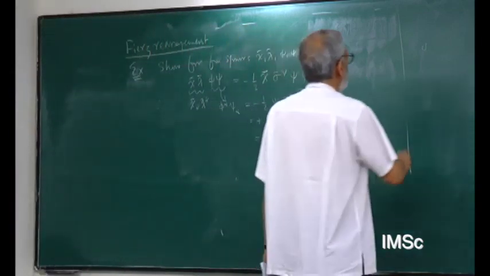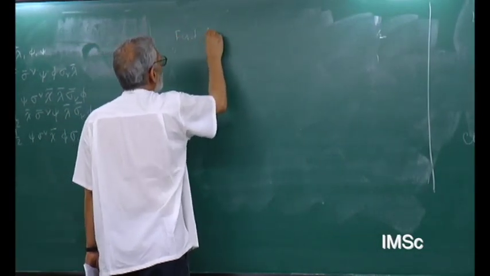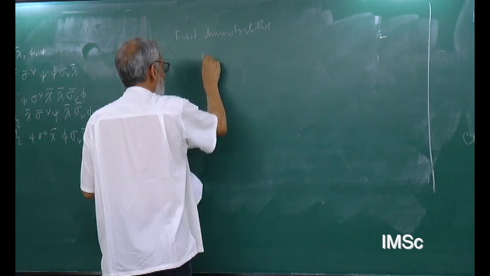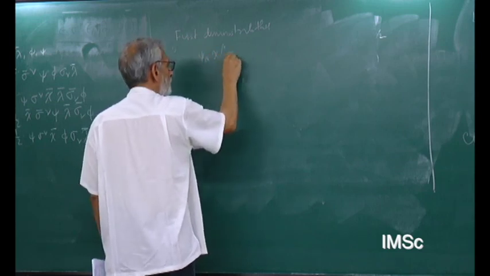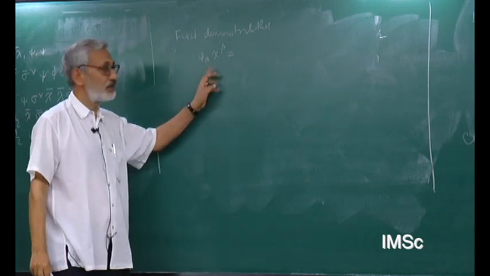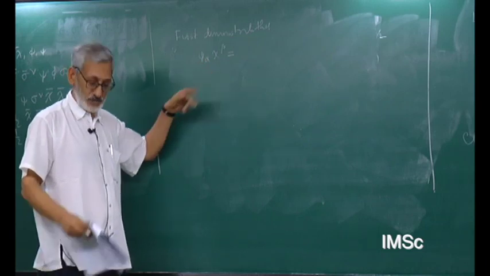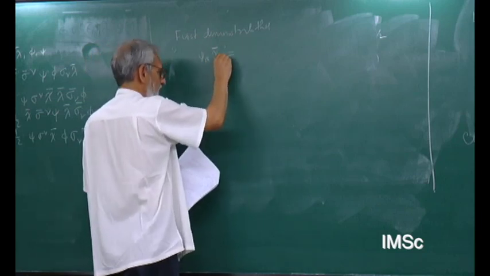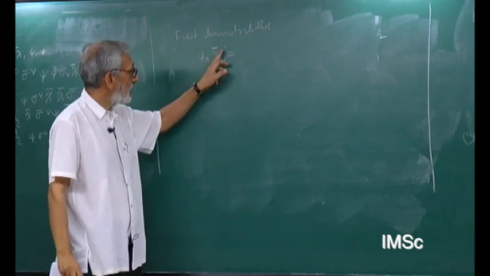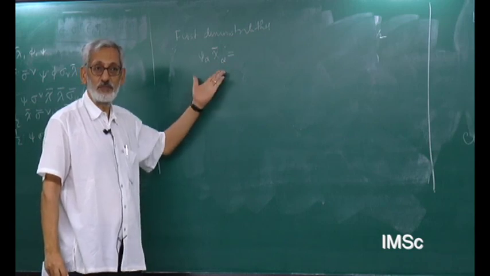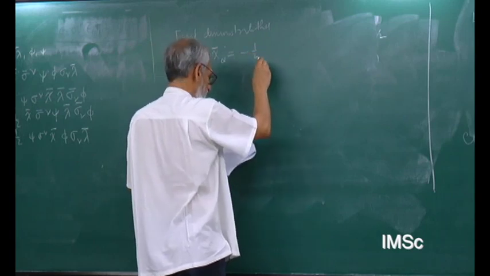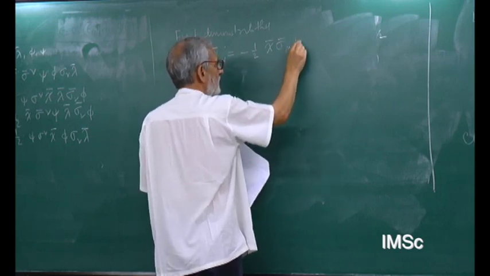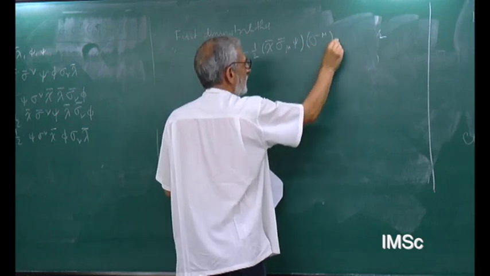To show this, first demonstrate that, take two fermions, psi alpha and chi bar alpha dot, and show that this is equal to half chi bar sigma bar mu psi times sigma mu alpha alpha dot.